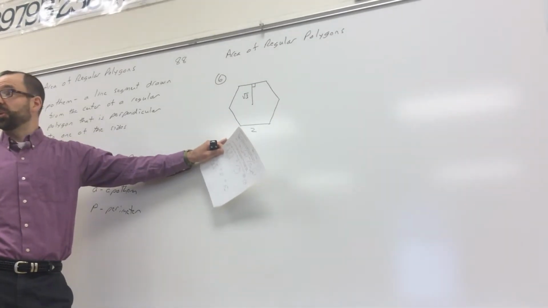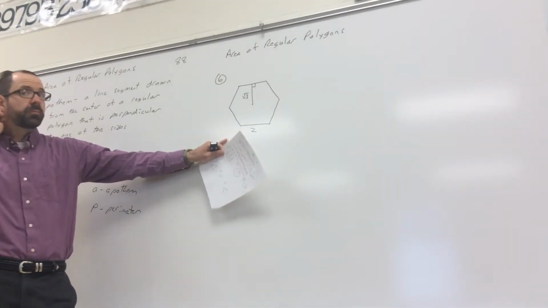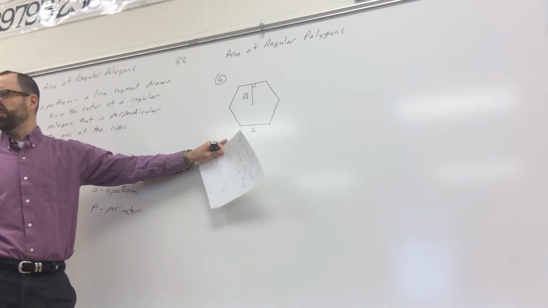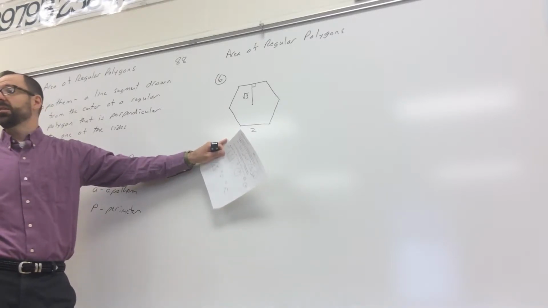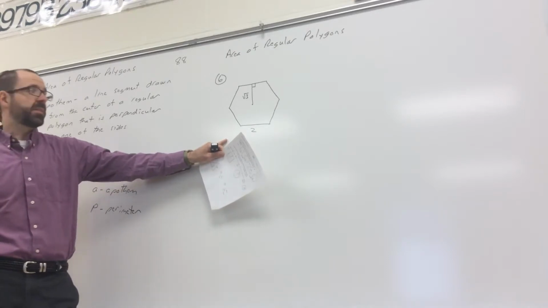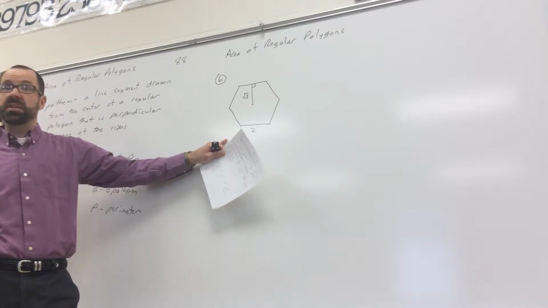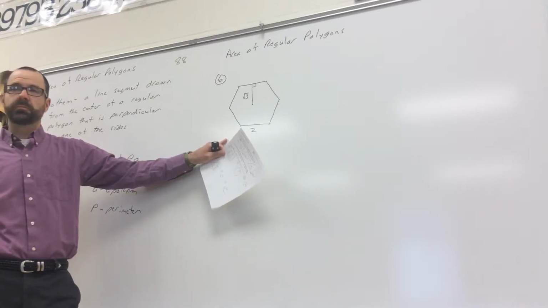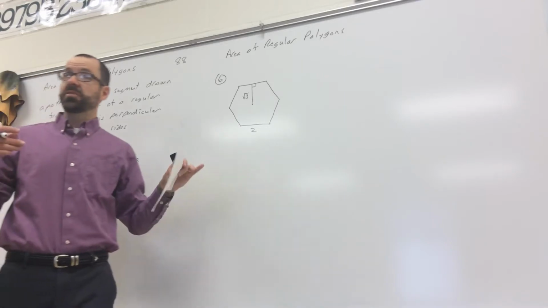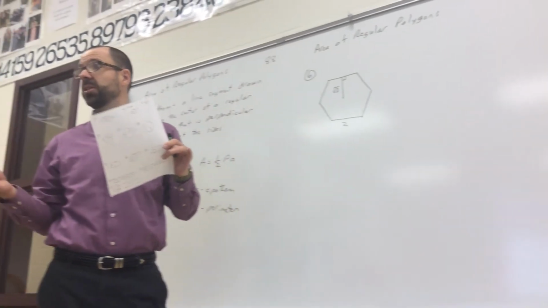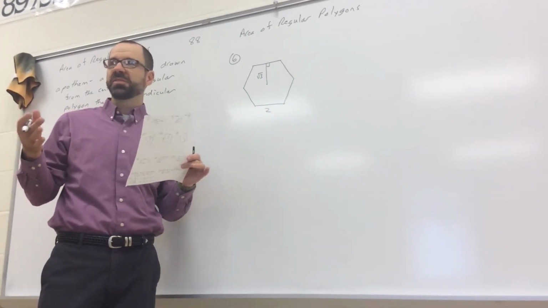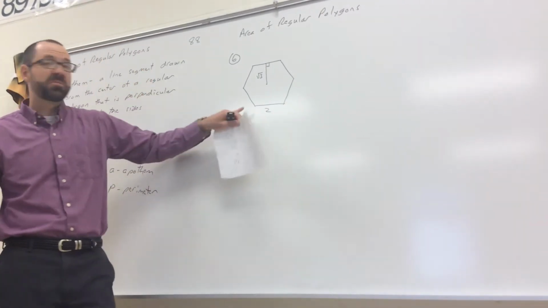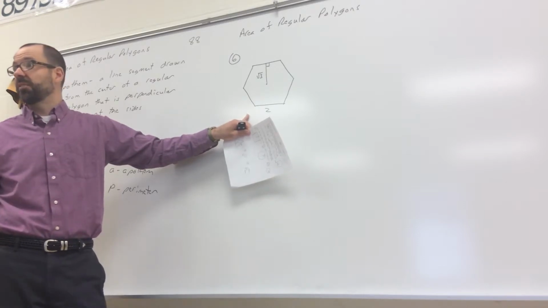So here's the picture on number 6. You can't tell for sure just by looking at the picture, but the directions say that the polygon is regular. So that means all the sides are equal and all the angles are equal. Since we have a regular polygon, please find the area of this.